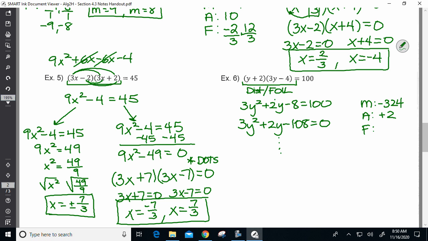So this would be a problem in which the quadratic formula would now come in and take over. And why are we using the quadratic formula? Because you can't factor. Or at least we're not able to factor because we can't find two numbers.